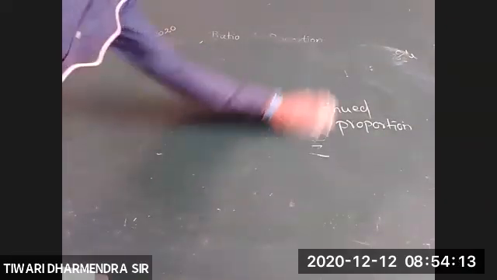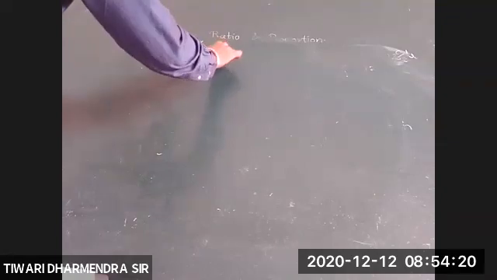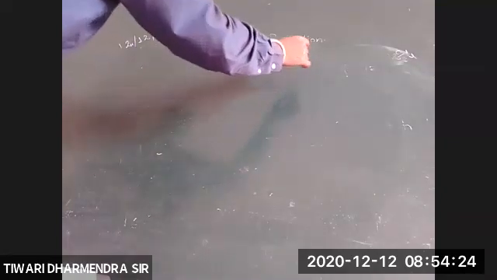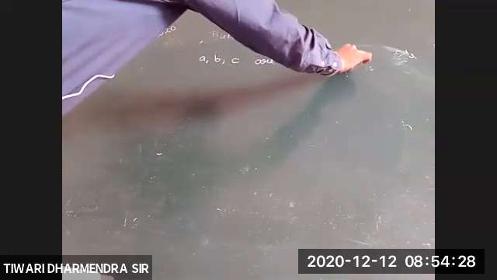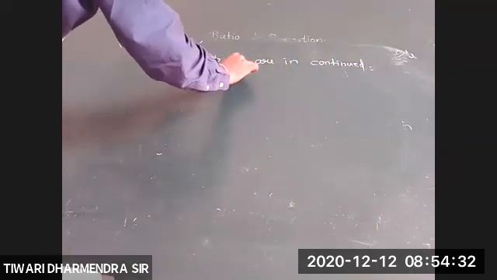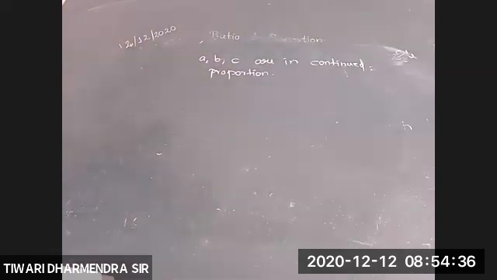So say somebody is saying that we are having three numbers, A, B, C, in continued proportion. What do we mean by this?